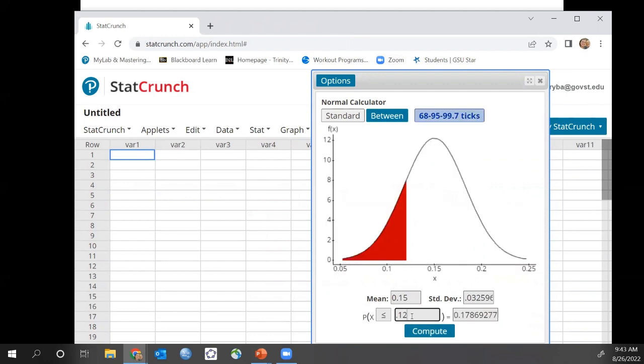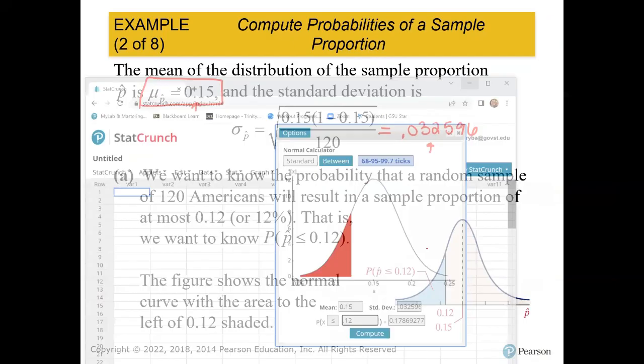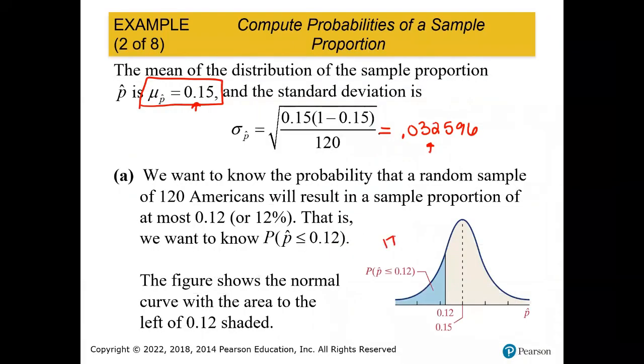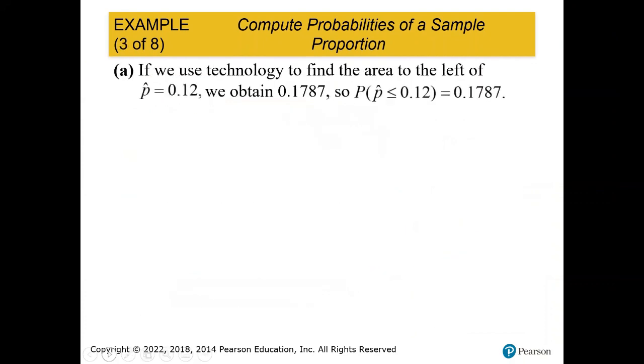Okay, so my answer here is 0.17869. That's going to round up, so 0.1787 is what I got. And we'll see on the next slide here if it matches. So if we use technology, we find the area to the left is 0.1787, exactly what I got here.